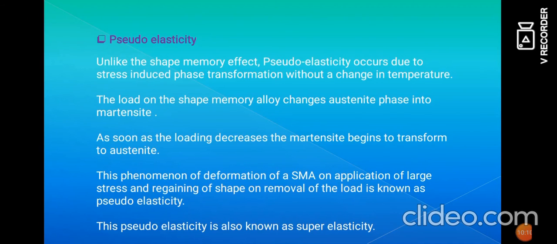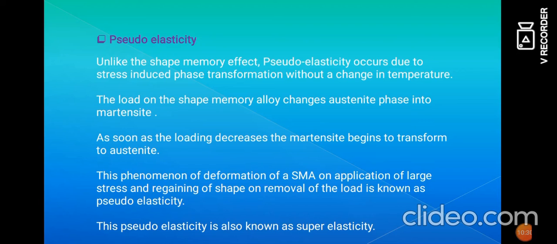The second important characteristic is called pseudo elasticity. Unlike the shape memory effect, pseudo elasticity occurs due to stress-induced phase transformation without a change in temperature. The load on the shape memory alloy changes austenite phase into martensite.